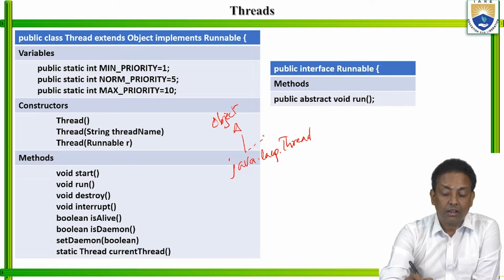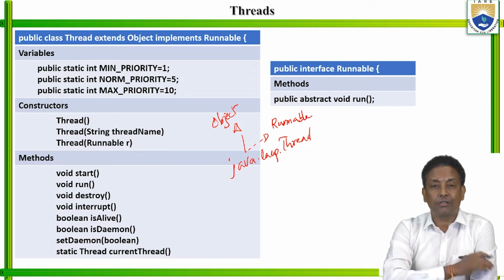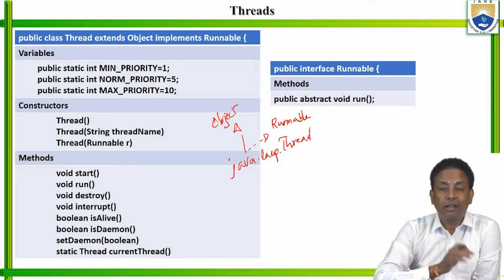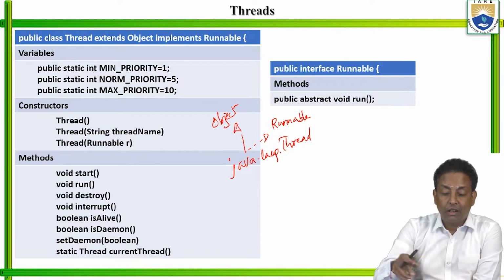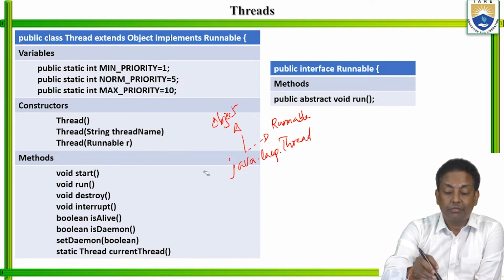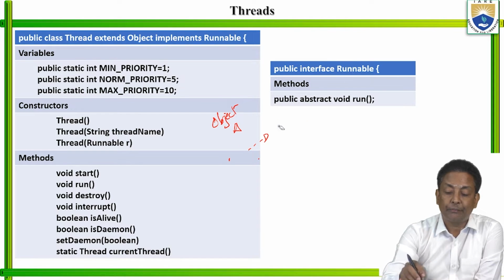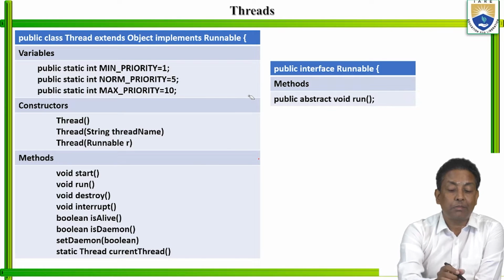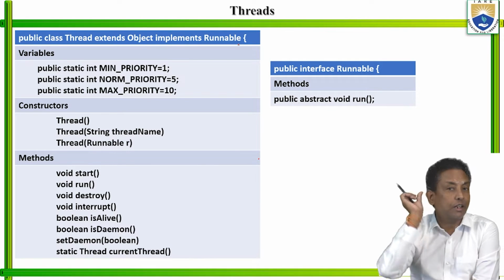And the class also implements the runnable interface. Thread class extends object, implements runnable interface, and it has some variables and methods that we will discuss in brief. So that is how the class is declared: public class Thread extends Object implements Runnable.